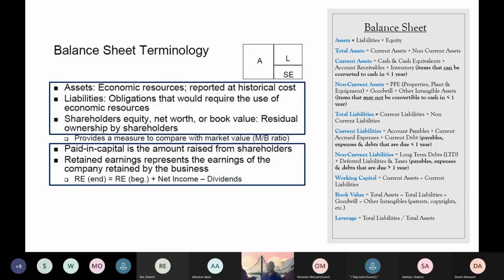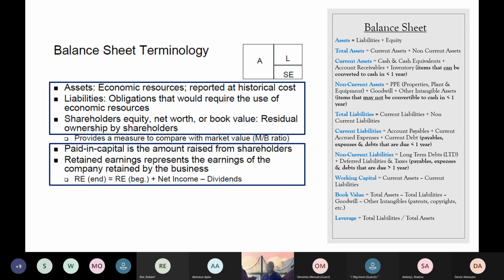Those are your payables. And there are accrued expenses. There are some expenses that you just haven't paid, but you've been keeping money aside, hopefully, to pay for them. Those are accrued expenses. And then debts that are due within the year.